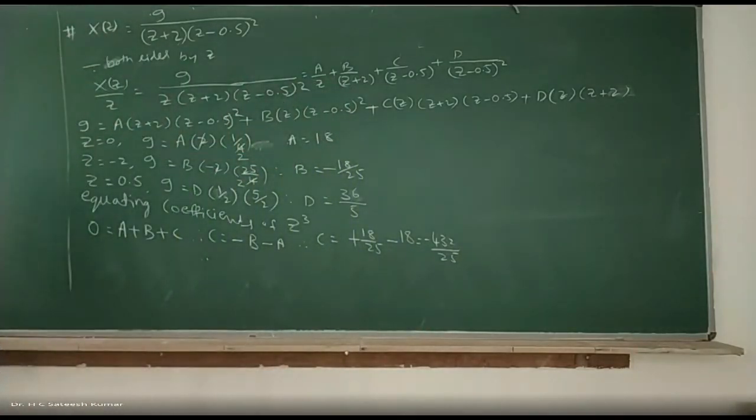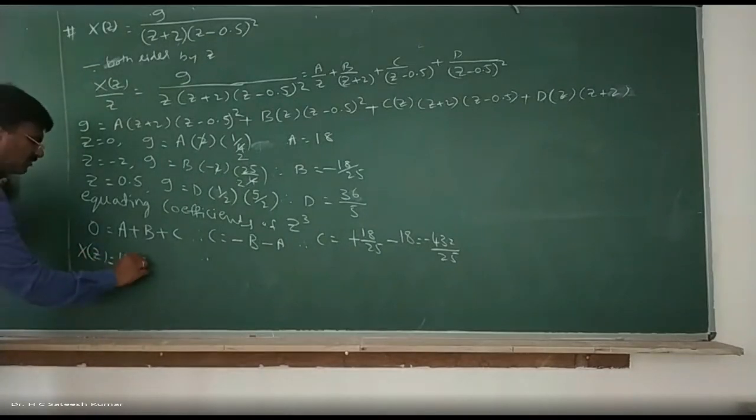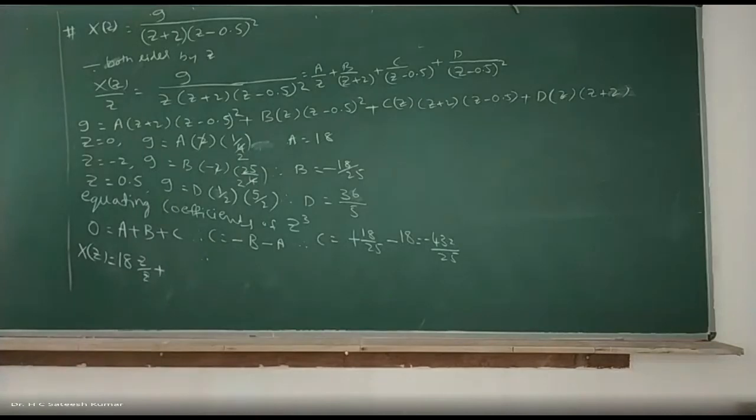Okay, right. So if that is the case, then what is your X of z? X of z is equal to what do we have? Cross multiply the z. A is how much? 18 into z by z plus b. B is how much?